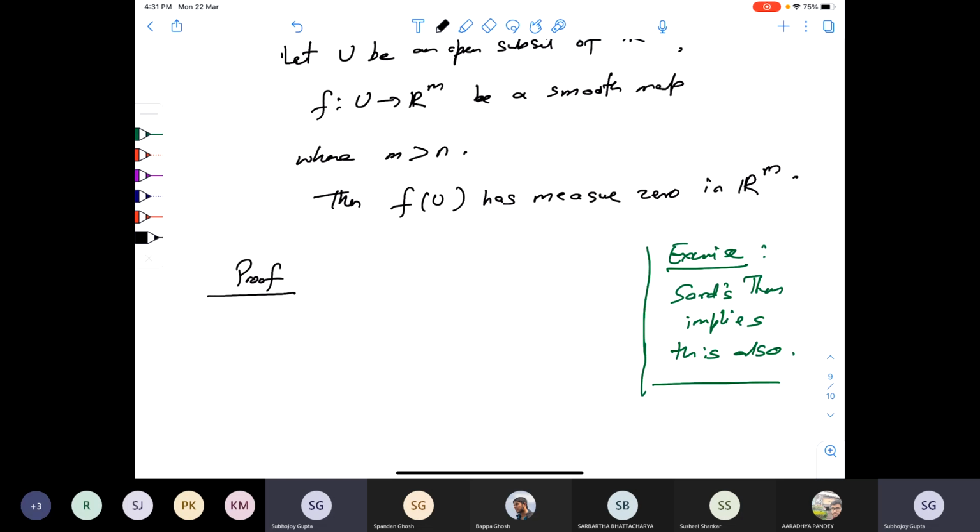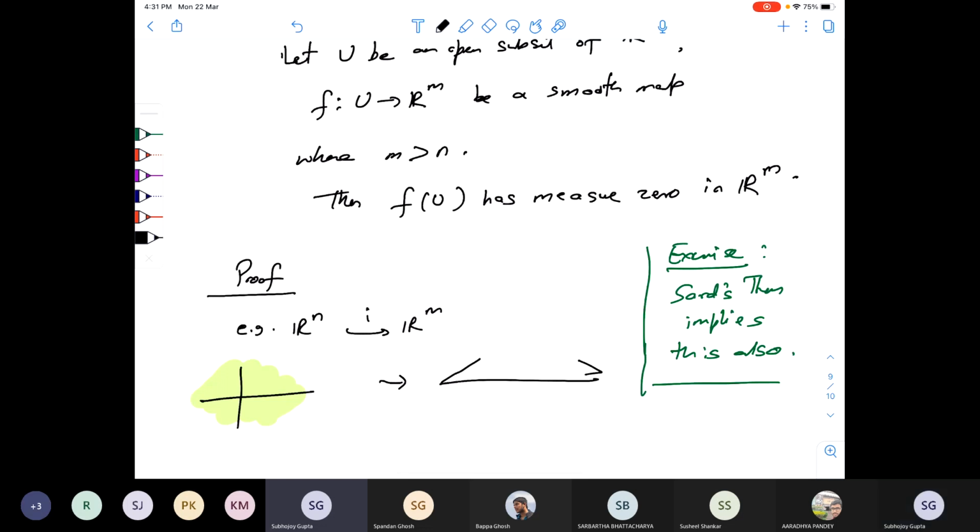If you have R^n to R^m, say R^2 mapping inside R^3, it sits in as a plane, but then that plane would have measure 0 in R^3.